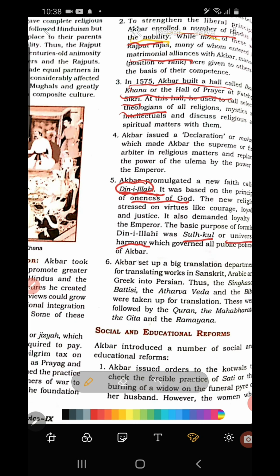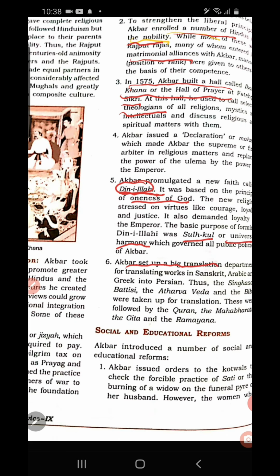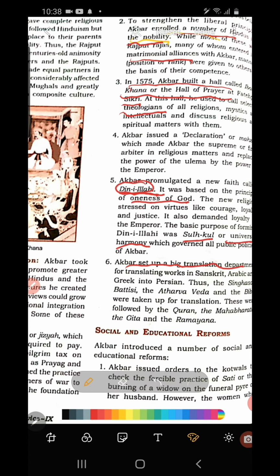And the next is that he also established a big translation department. For what? For translating all the other religious works into different languages, so that everybody would come to know about other religious beliefs.